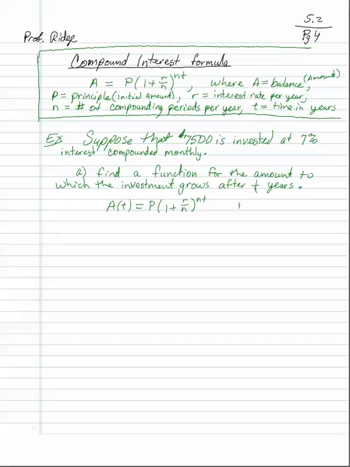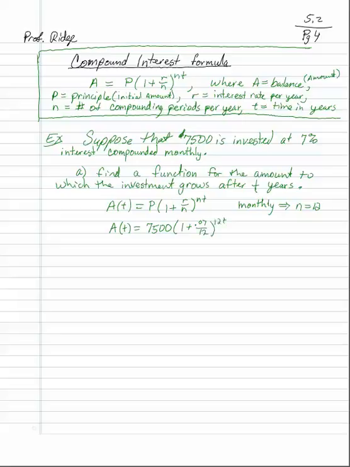Remember, monthly, there's 12 months in a year, so n equals 12. So A of t equals 7,500 times 1 plus 0.07 divided by 12, to the 12t.